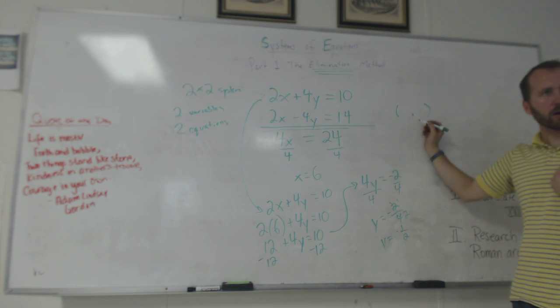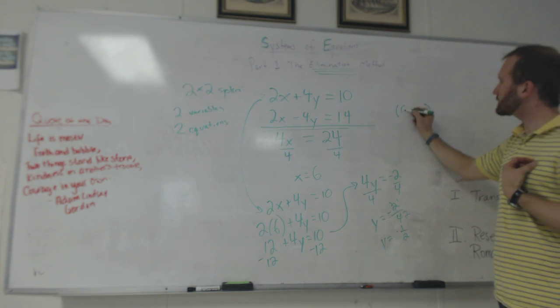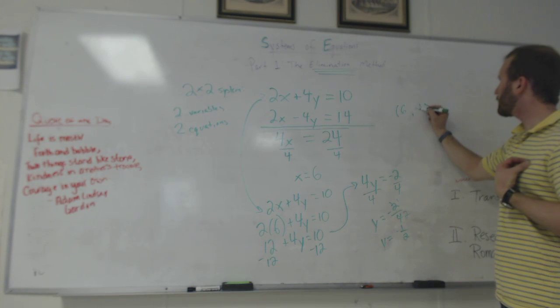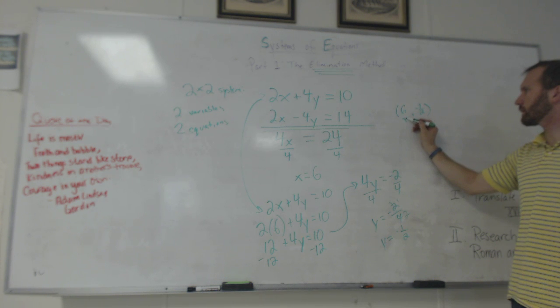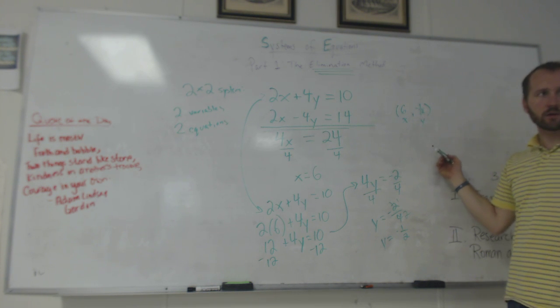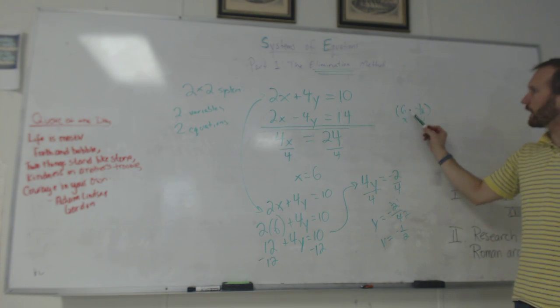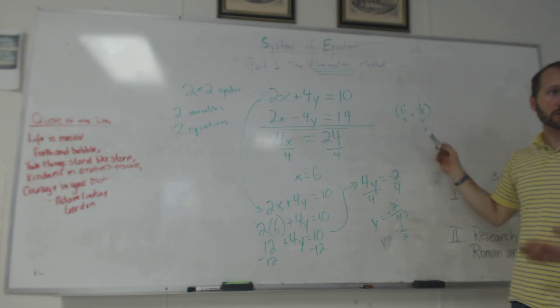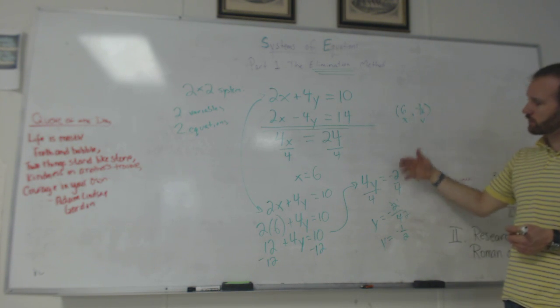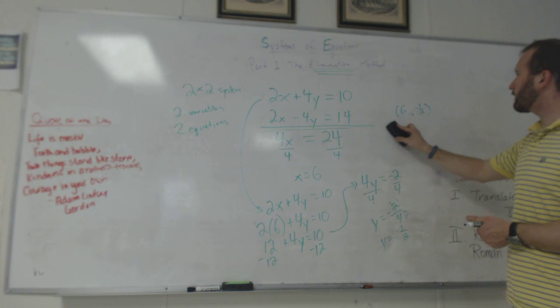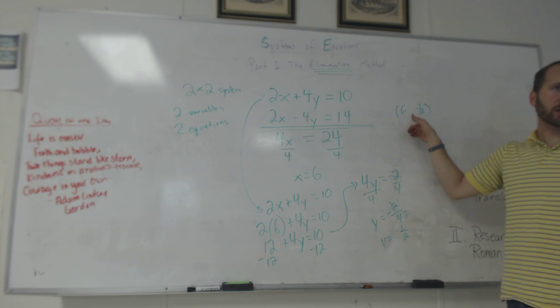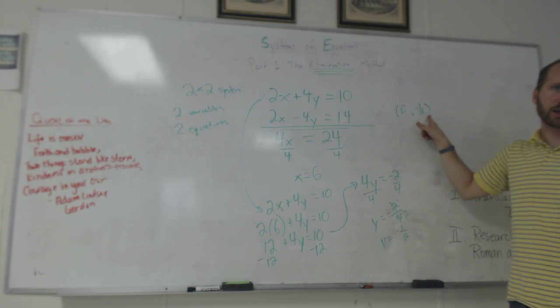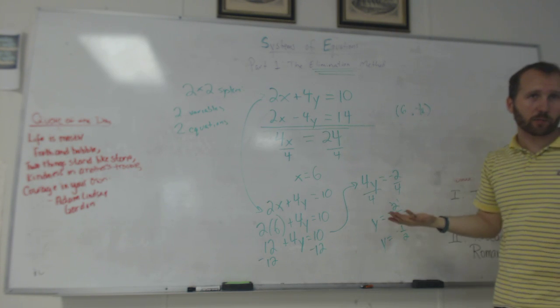An ordered pair. So couldn't I write 6, comma, negative 1/2 to show that this is x and this is y? You guys would recognize that, right? X is first and y is second. So it turns out that with a system of equations, often you'll write your answer like this. Because we know that the first one is x and the second one is y. That's how an ordered pair works.